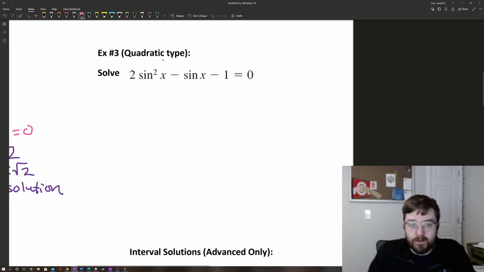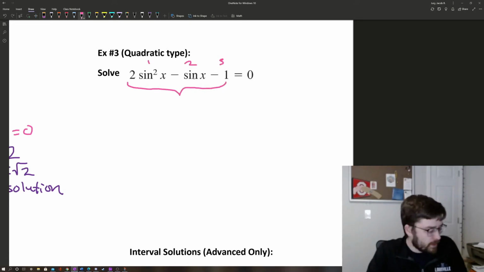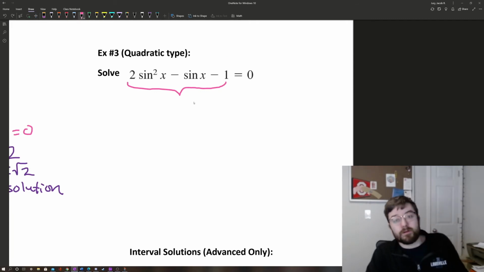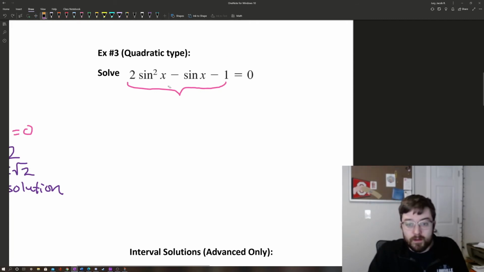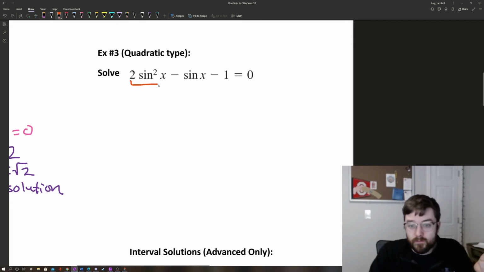What I'm hoping you notice is this is a trinomial, meaning it has 3 terms, 1, 2, 3, but it is a quadratic trinomial, meaning one of its terms is squared, and that's this first one.